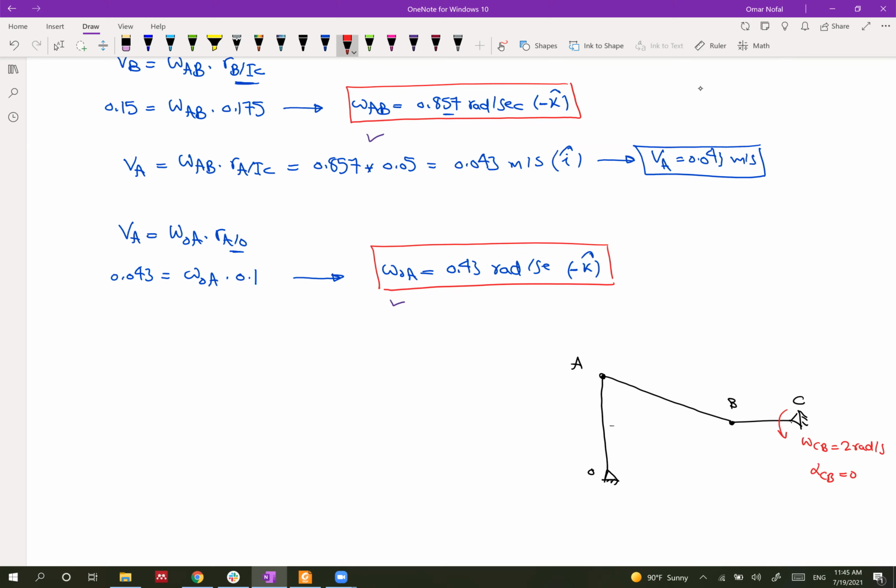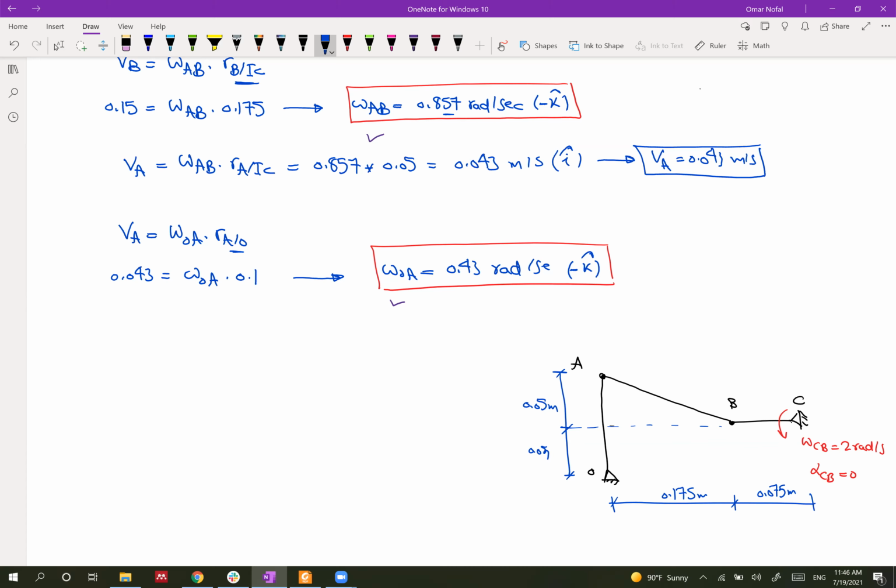So what about the alpha of AB and the alpha of OA? And also you are given the dimensions: 0.05 meter, 0.05 meter, 0.075 meter, 0.175 meter. So you are given these dimensions, and let us solve for the acceleration.